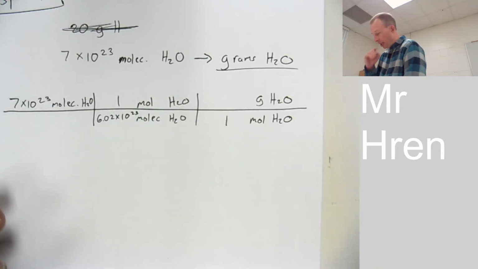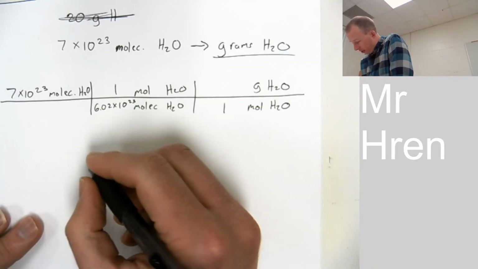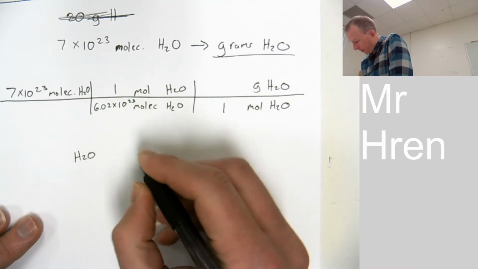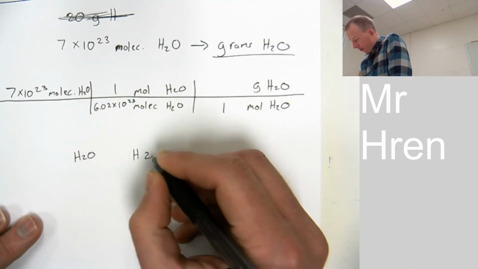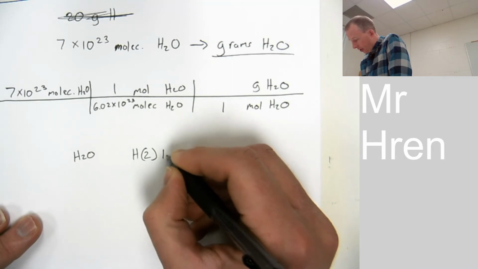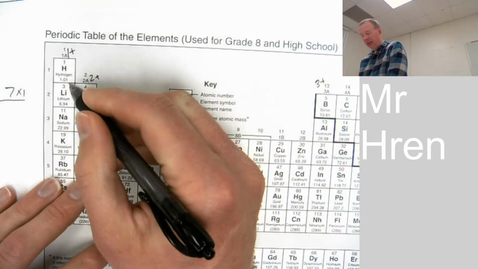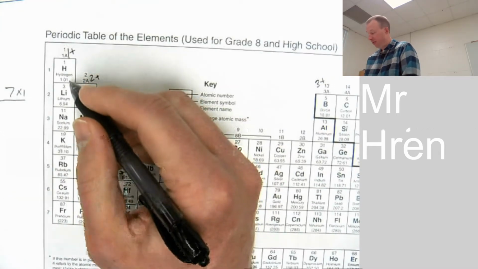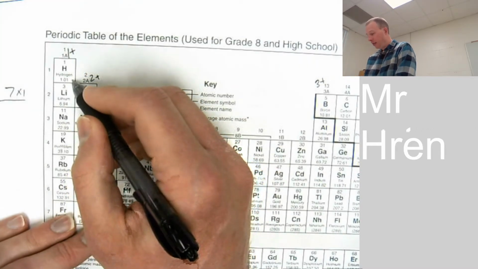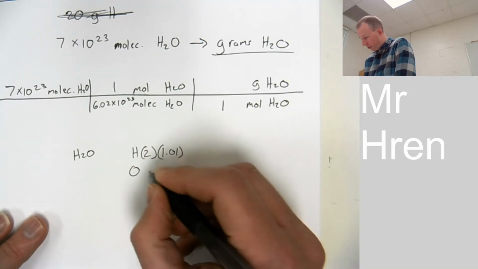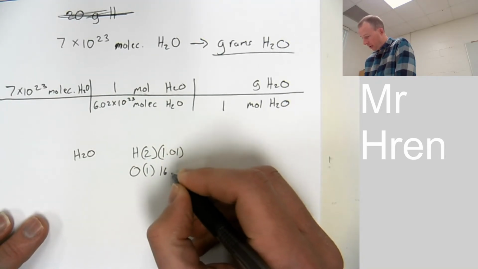So instead, we've got to say, all right, we've got H2O. So that's 2 H's, right? Each H has a mass of 1.01. I'm just trying to be really thorough showing you all of this. Hopefully this part's pretty simple for you by now. So hydrogen has a mass of 1.01. Oxygen has a mass of 16, and we've got one of them, 16.00.